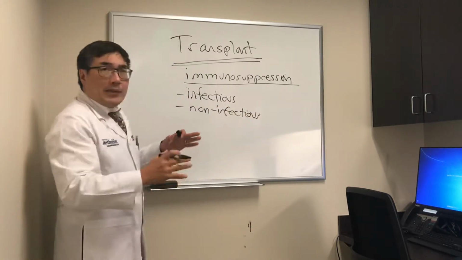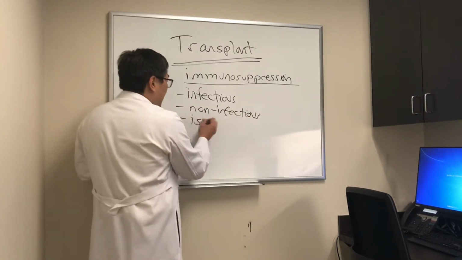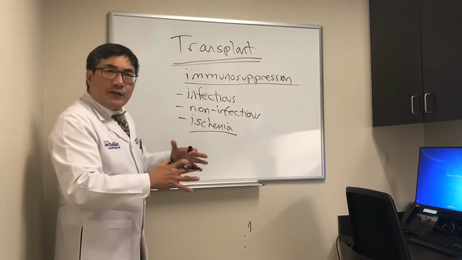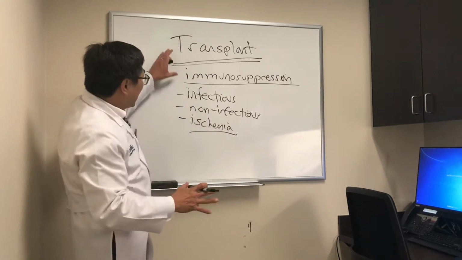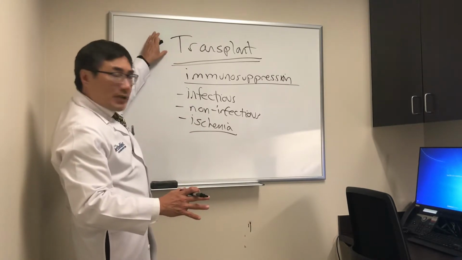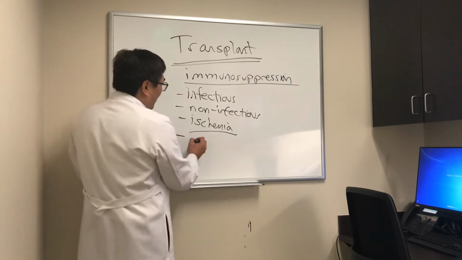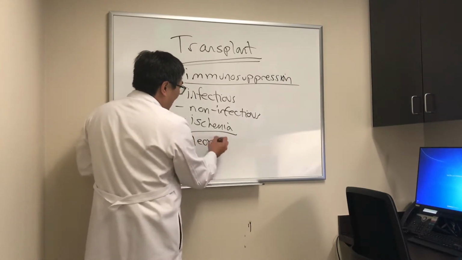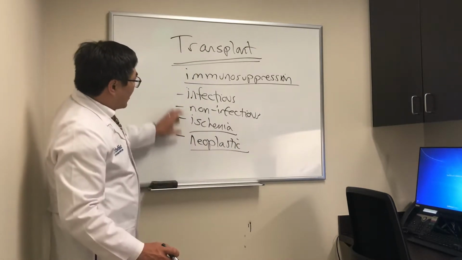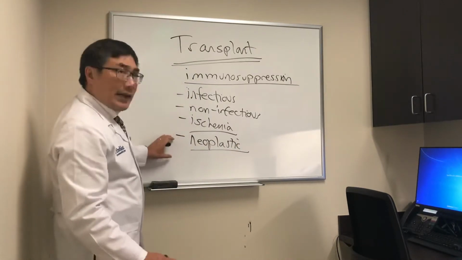And we have to be thinking about ischemia, because the patients often have anemia, or they might have other vasculopathic risk factors that are unrelated to their immunosuppression but are related to the surgery that they had for the transplant. And we have to be thinking about neoplastic etiologies, because the immune system is not only in charge of killing bugs, it's in charge of killing cancer.